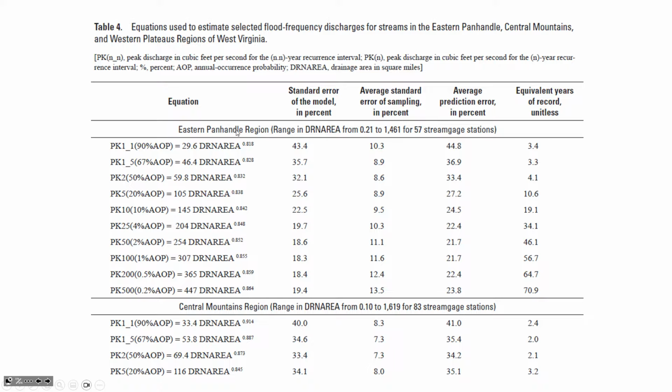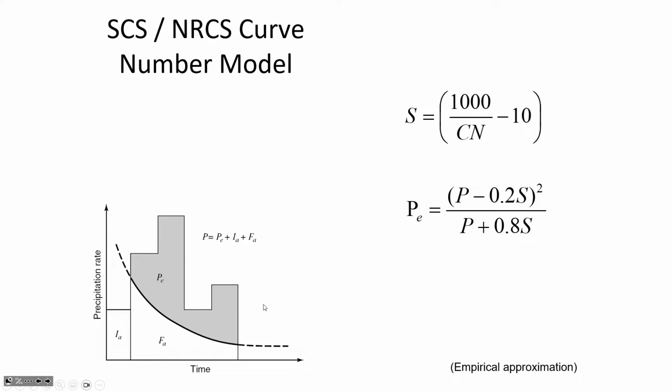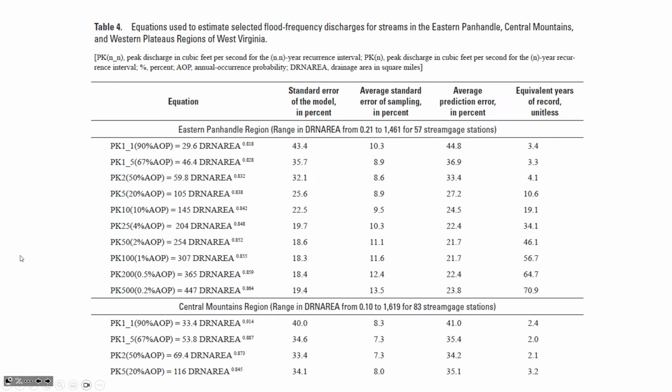So we've got different equations for the eastern panhandle than for the Central Mountains. Same thing in the western plateau, different equations. And every state has equations like this, where a lot has not been accounted for. Like for your watershed of interest, if you use this model, you're not putting in any specific land use details.